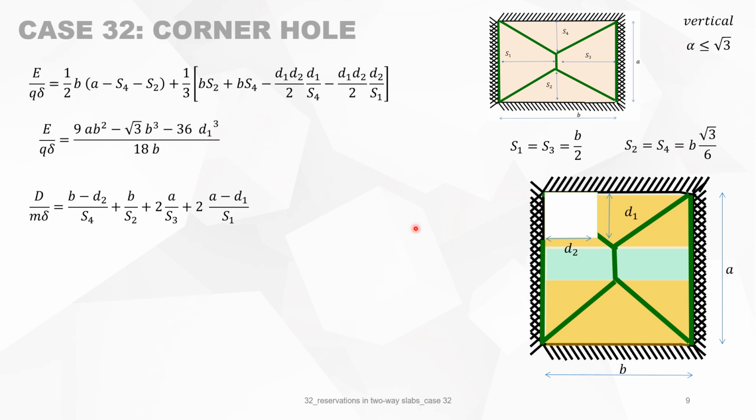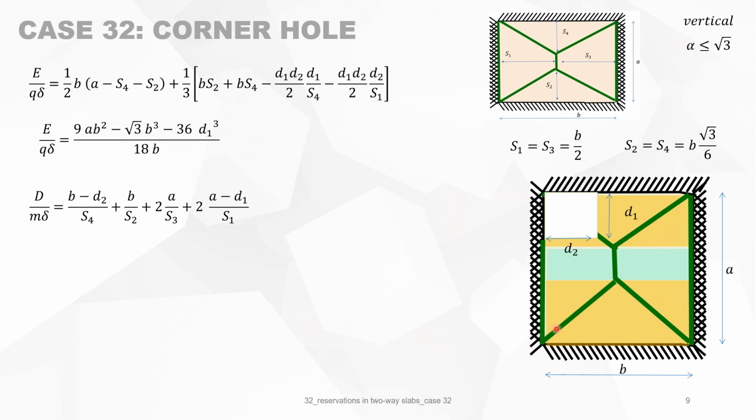The work done by the internal forces is equal to, for this rotation axis, we got this, the yield line projected on this rotation axis, it is B minus D2, and the angle of rotation is delta over S4. At the bottom we got M times B divided, of course, by S2. And on this side, we got A divided by S3, and we got it 2 times.